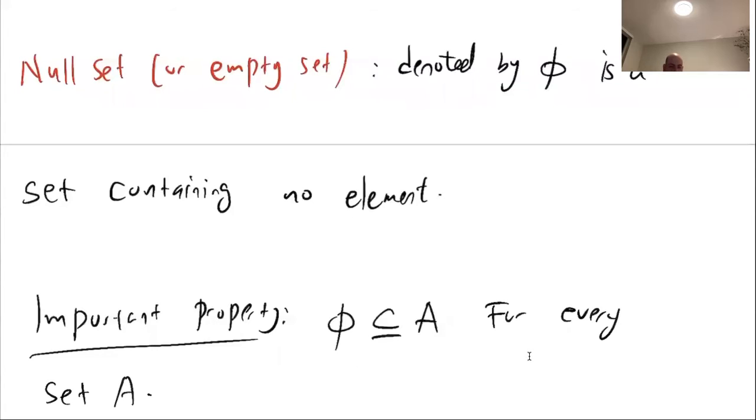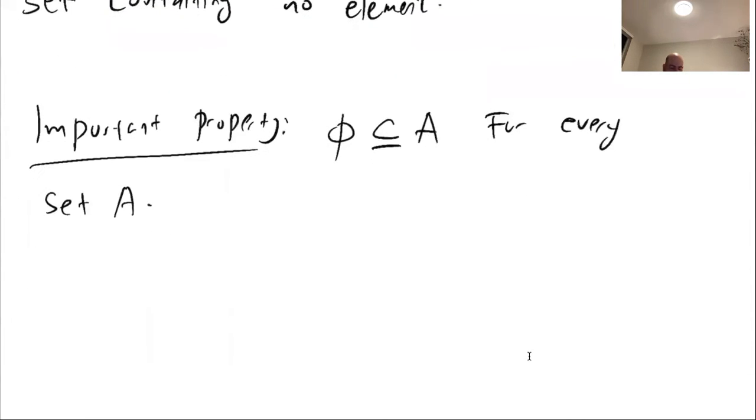Why can we say that the empty set is a subset of every set in the world? So the reason is, or proof. Whenever you want to prove a statement in mathematics, first you have to think about the definition.